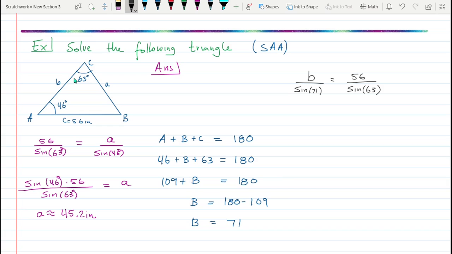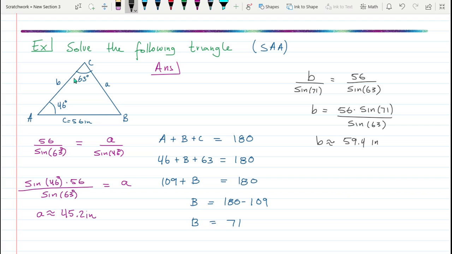So B is equal to 56 times sine of 71 all over sine of 63. Once we plug that into a calculator, we're going to get that B is equal to roughly 59.4 inches.